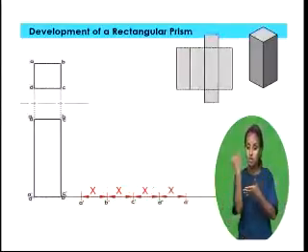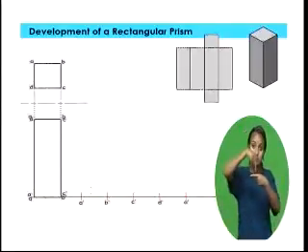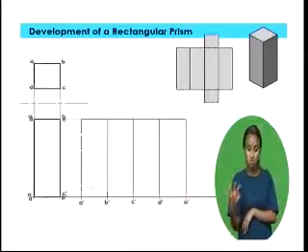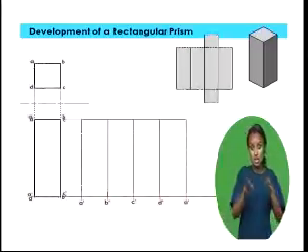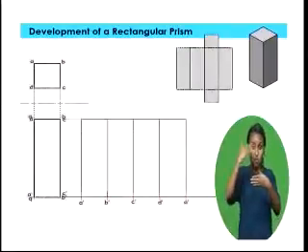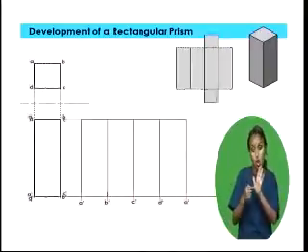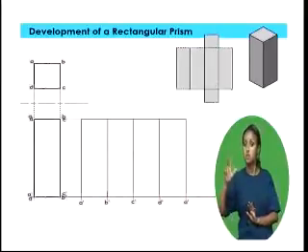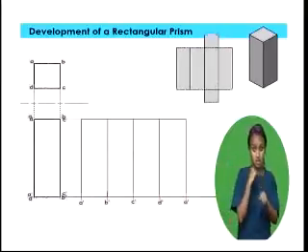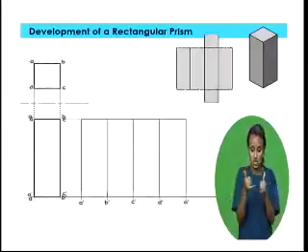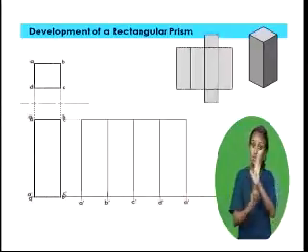Draw lines perpendicular to the stretch out line through points 1, 2, 3, etc. Transfer the true length of the edge of the prism from the front view to the corresponding line on the development, locating points 1 prime, 2 prime, 3 prime, etc. To do so, you may use either a projector or your divider. Complete the development by joining points.